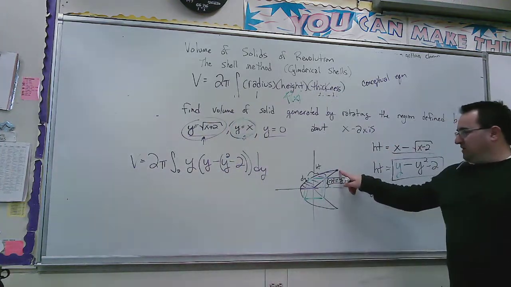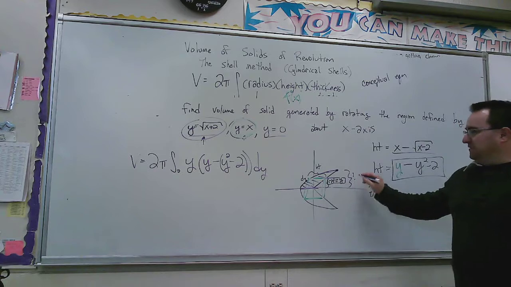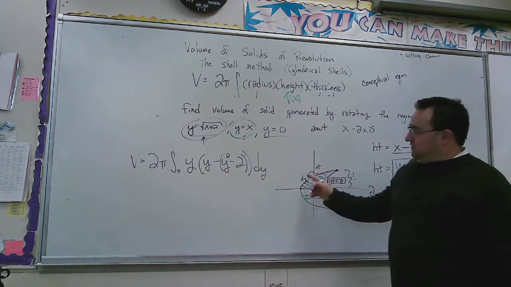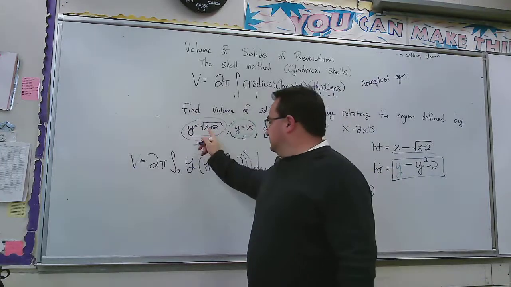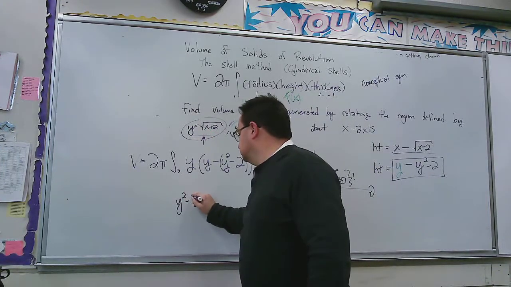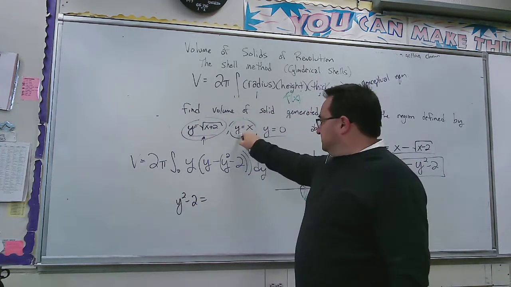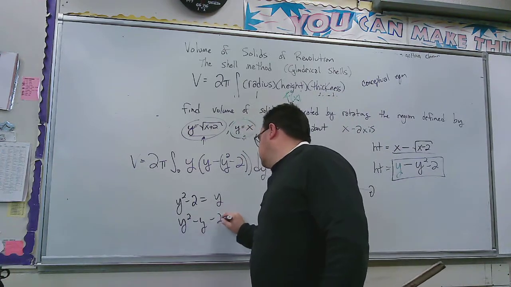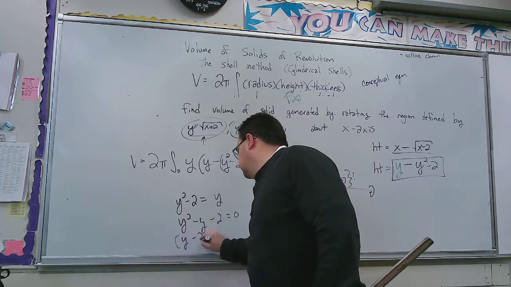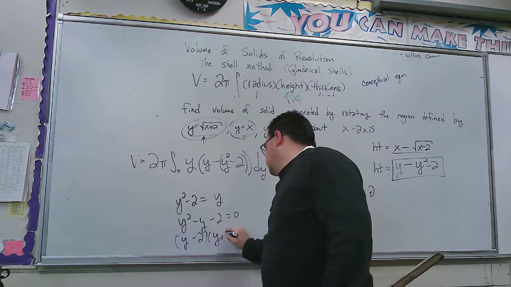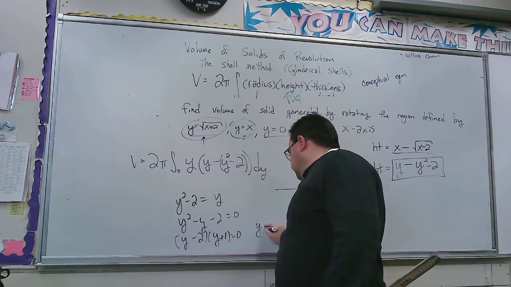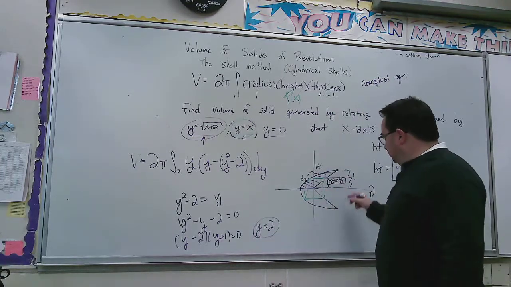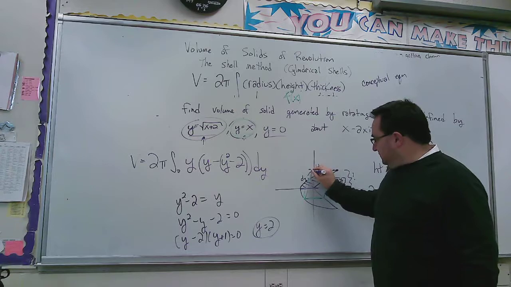So I have to figure out how high that is for right here. So what I'll do is I figure, well, that would be where this intersects with this. So we're looking at y equals 2. We want the positive one, not the negative one. So this would be at y equals 2.